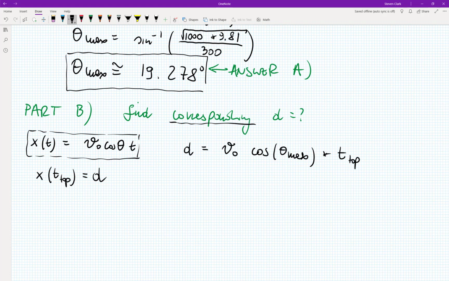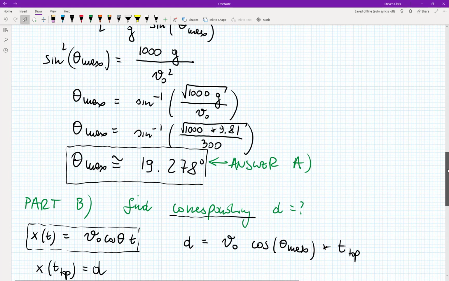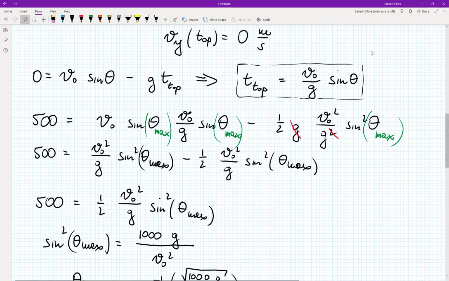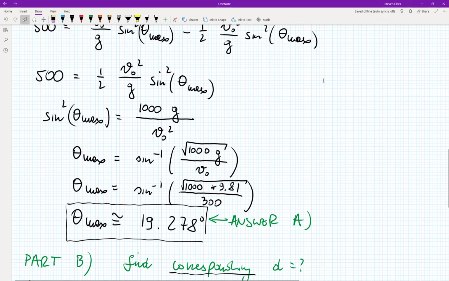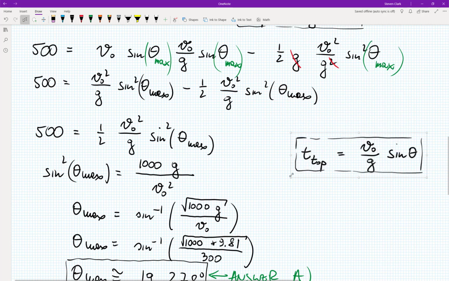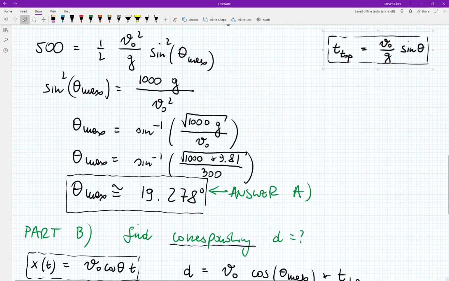Okay, let's find t top on the side. Where was the expression for t top here? So let's just keep five extra percent. I don't like doing it, but let's do it.